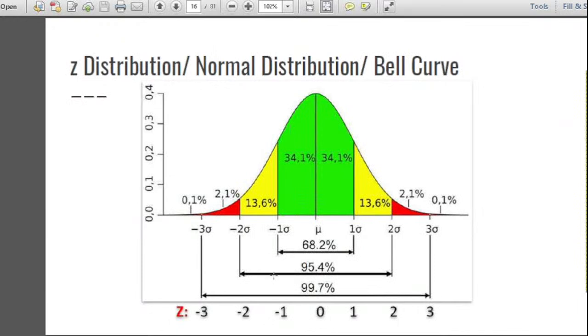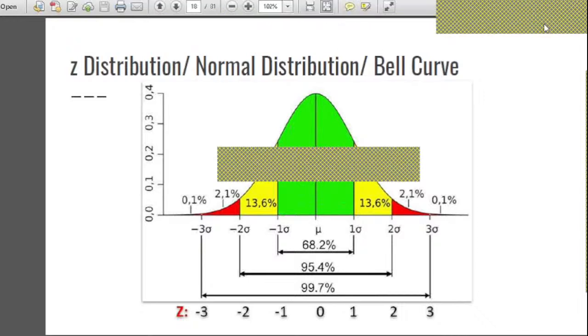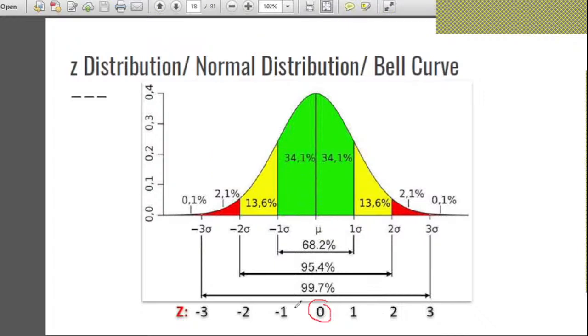Let me show you. A z-score is nothing but the standard deviation in a standard normal distribution, right? So if my mean is 0 and in a standard normal distribution it says plus minus 1 standard deviation, it means a z of -1 and +1, right?